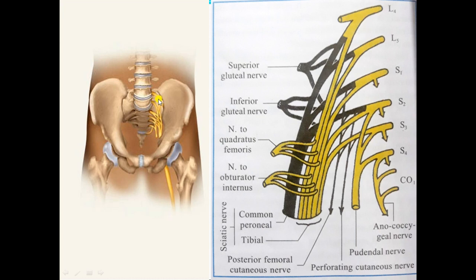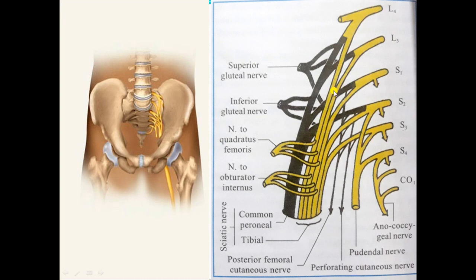At the sacroiliac joint, it is fused with the L4 root, and both together form the thickest trunk. This thickest trunk is called the lumbosacral trunk. So this is the formation of the lumbosacral trunk, formed by the joining of L4, L5 roots.